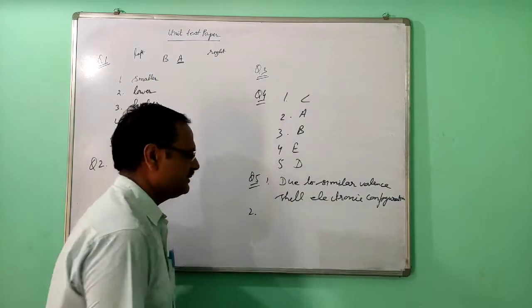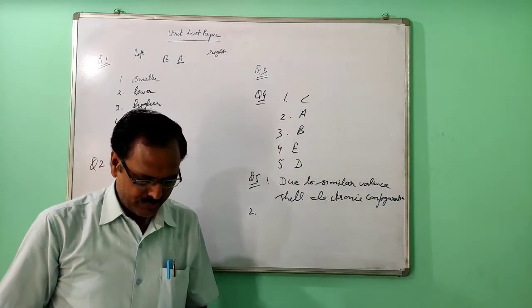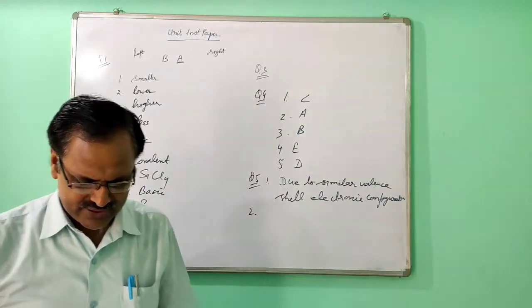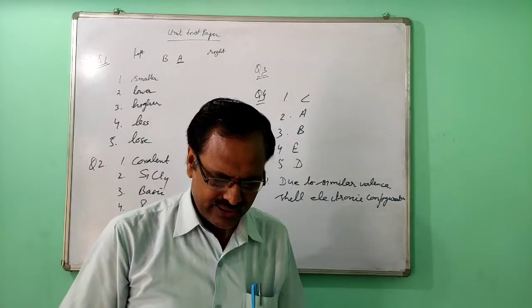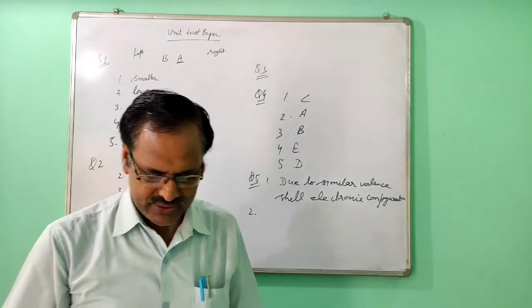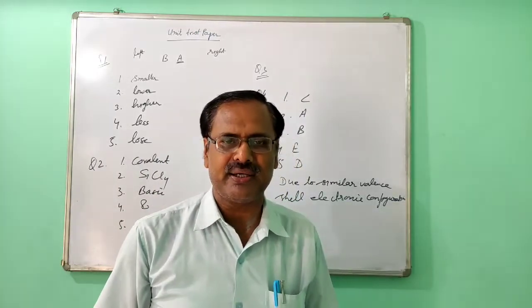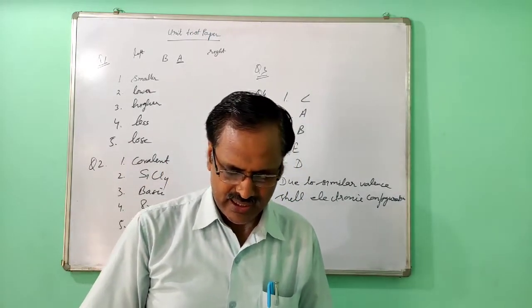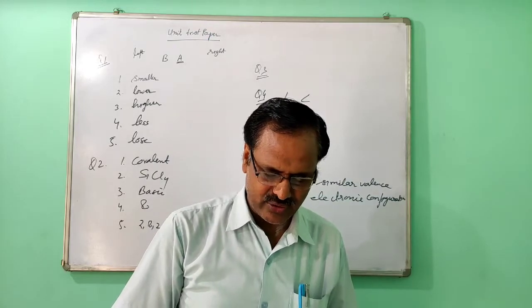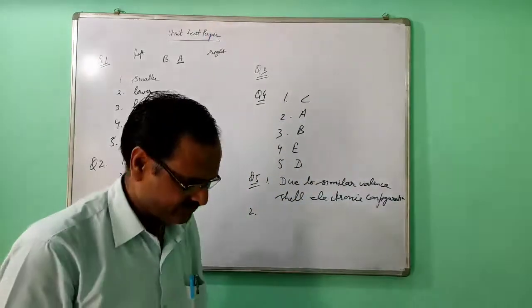Now the second question. Properties of elements are a periodic function of their atomic number, not the atomic weight, because properties of elements depend on the number of electrons in the valence shell and different shells, and the number of electrons in the different shells is equal to the atomic number.